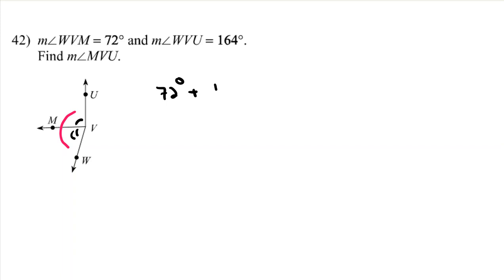MVU is what they're looking for, so we'll put the measure of angle MVU, and that's equal to WVU, which is the whole thing, which was told to be 164. So we just have to make sure we set this up properly and subtract 72 from 164. So 164 minus 72 gives 92 degrees for number 42.